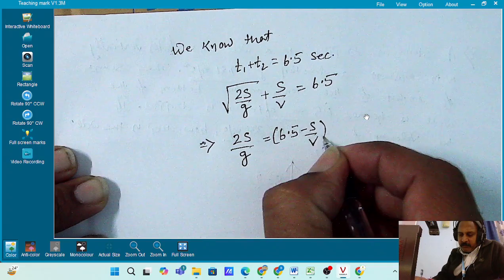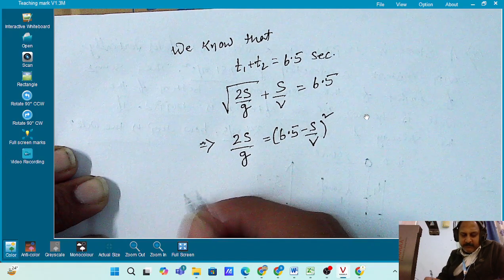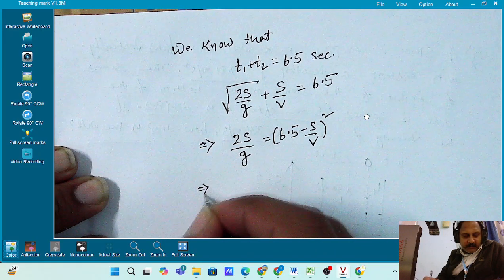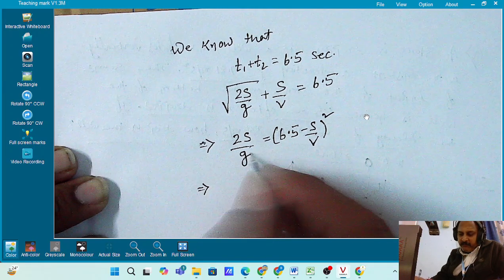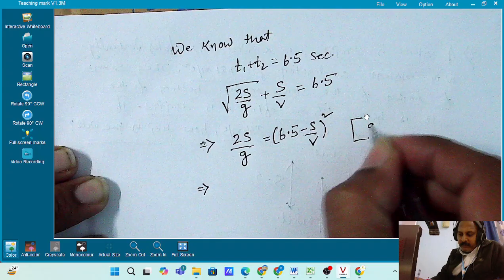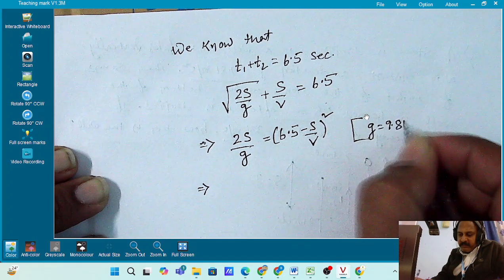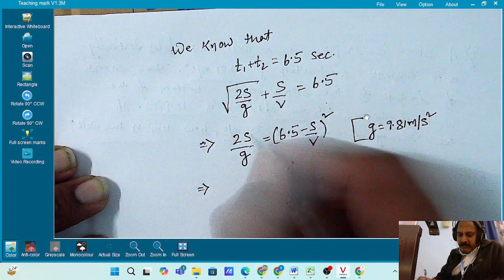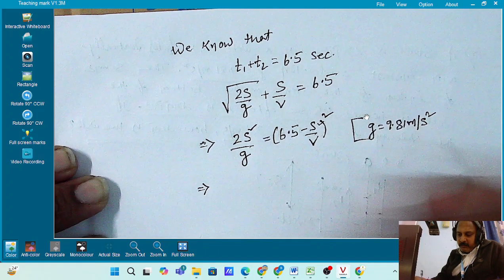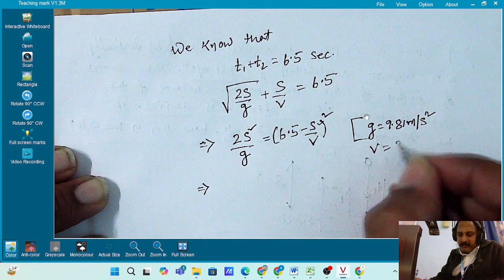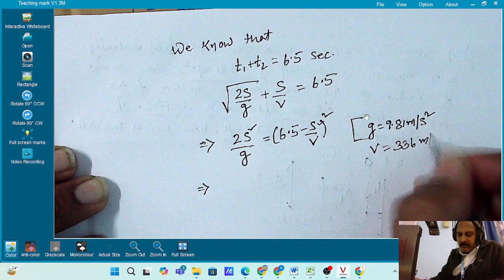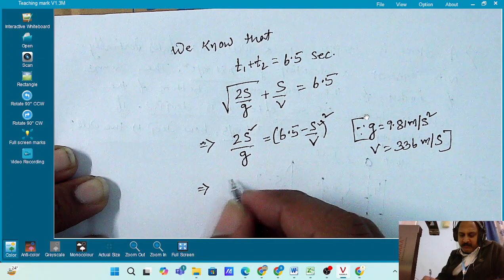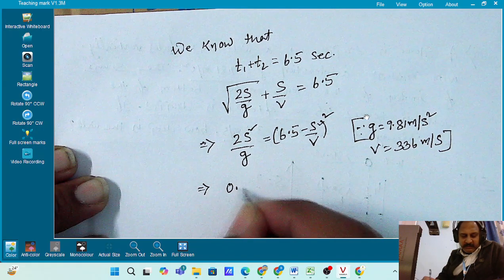Opening the root, it becomes a whole square on the other side. G we take as given in the question, 9.81 meters per second squared. This S we have to find out. The value of V is also given as 336 meters per second. So substitute all these values in this equation.